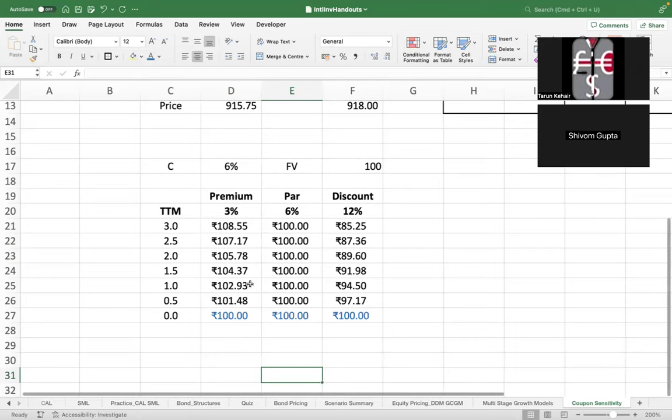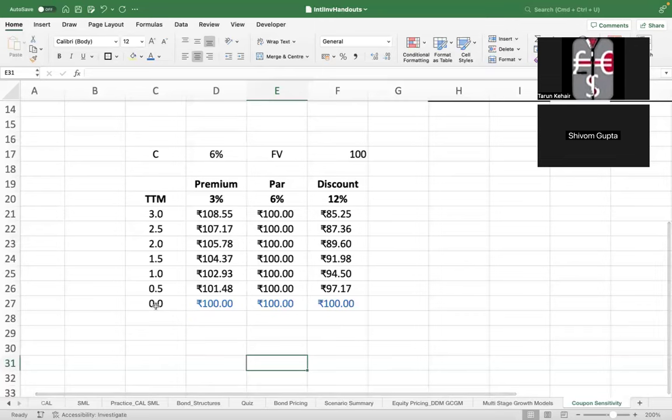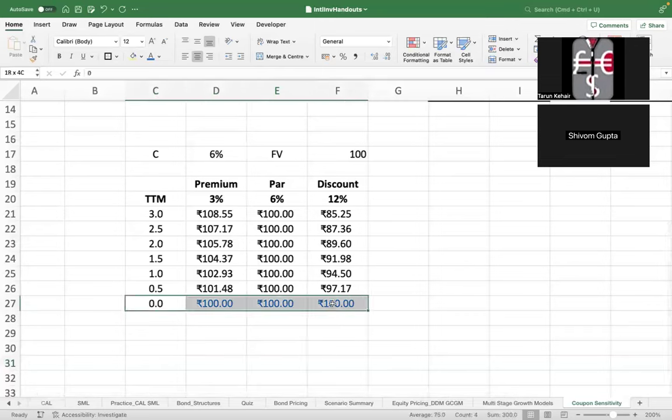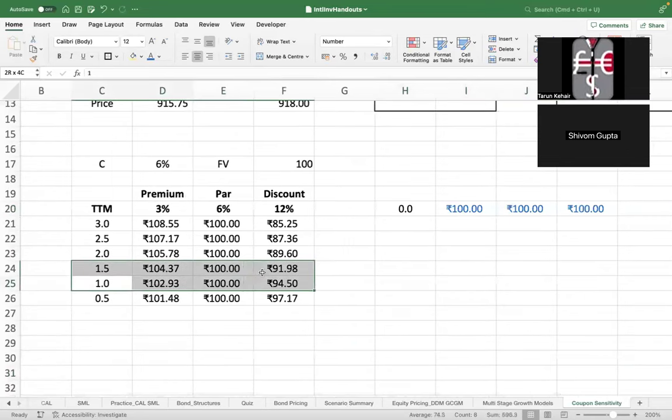So you can even construct a graph for this. If I put it one by one here, let me see if that works.